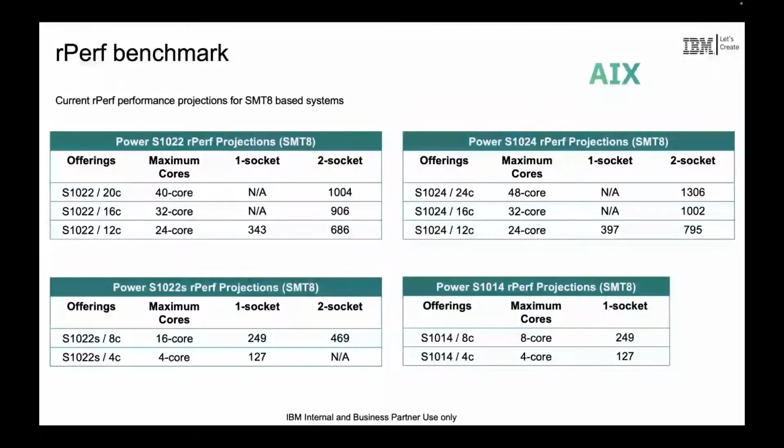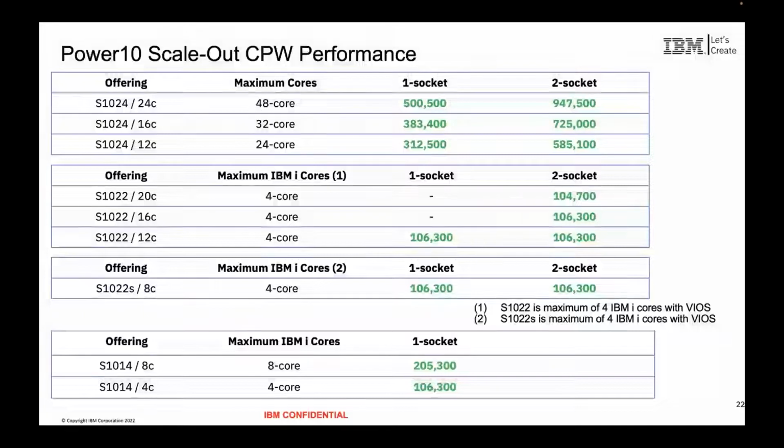The RPERFs for systems, we had the RPERFs up above for the other systems. Here they are for the scale out, significant improvements. They're also here for the CPW for IBM i, and this is significant.